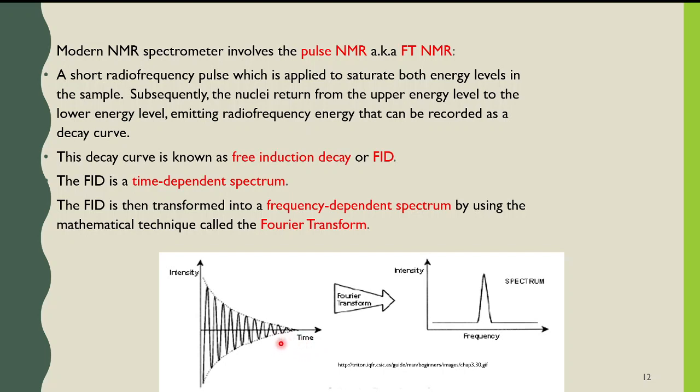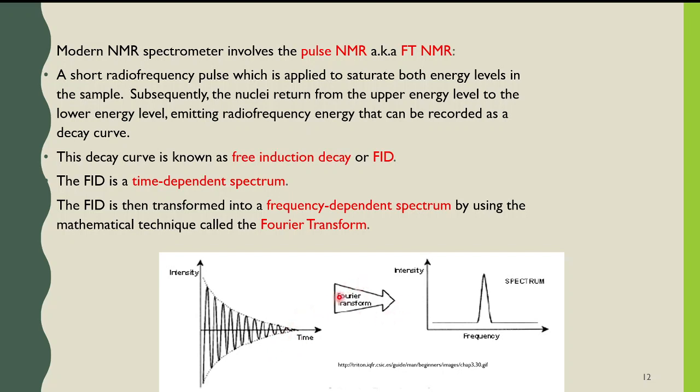So this is a time-dependent spectrum. Now, a spectroscopist can decipher a lot of information from this. But for normal users, which are most chemists, this may not be visually understandable.